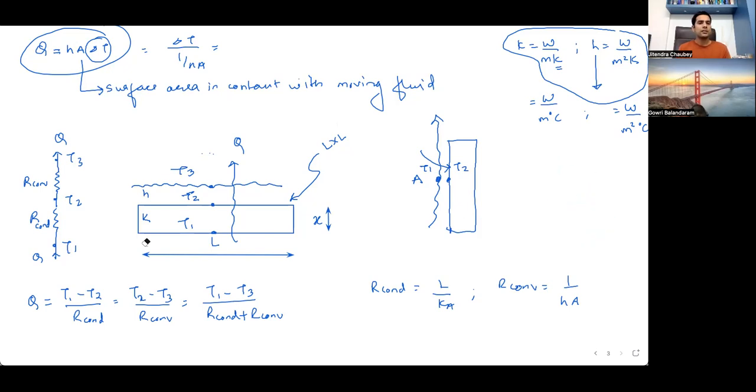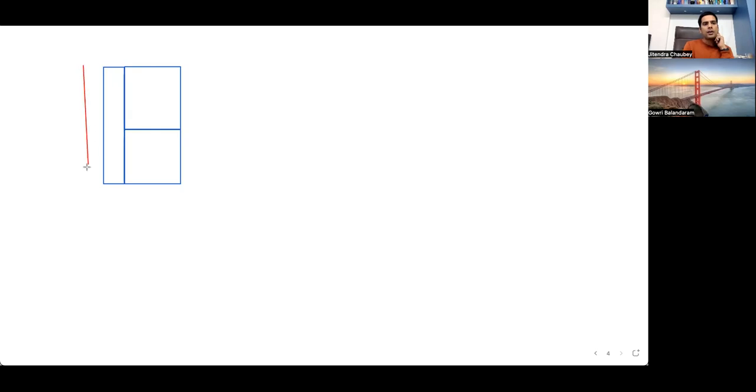So this is the conduction plus convection. Now we will complicate the case and take conduction, convection, conduction. Then let us take two slabs in parallel, and one fluid over here and one fluid over here.